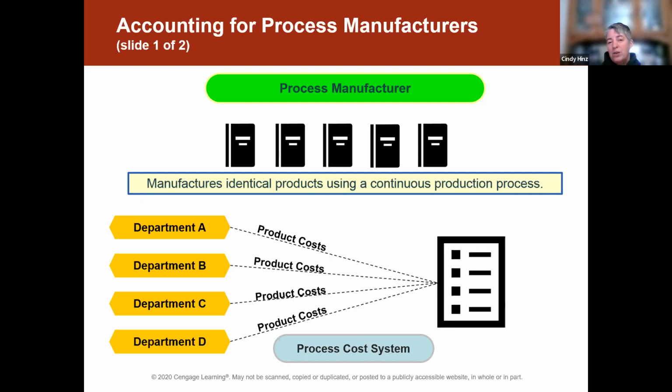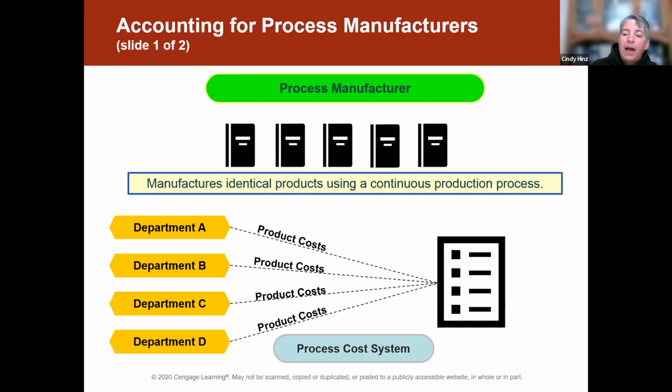Do we really need to know that the television set that was finished at 9:34 a.m. had a different, maybe slightly different cost than the one that was produced and finished at 10:25 a.m. or the next day? If they're producing identical products, they don't really need to know how much each individual one cost. And so they might choose to use the process costing system as a simplification of the job order costing system.